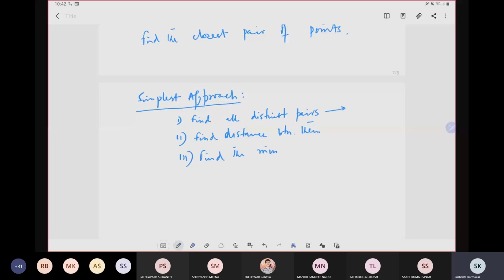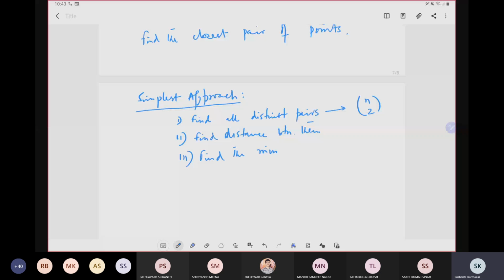Distinct pairs means there are n points, so I can actually have n choose 2 pairs, isn't it? Why do I do n choose 2? Because the ordering is immaterial. If you consider 2 points, u1 and u2, and in the second case you consider u2 and u1, they are actually the same pair, because the distance is independent of direction, right?